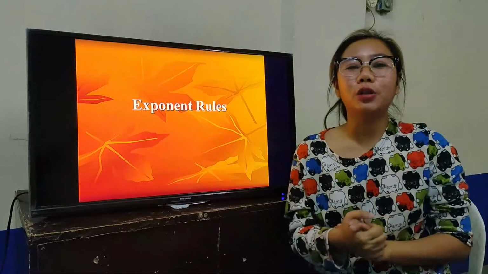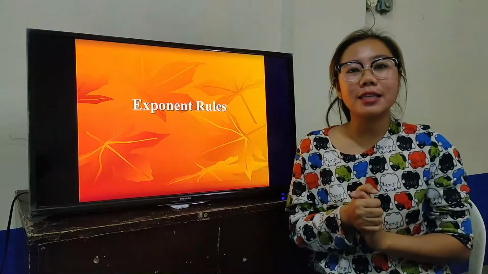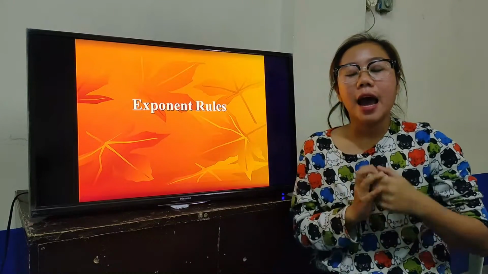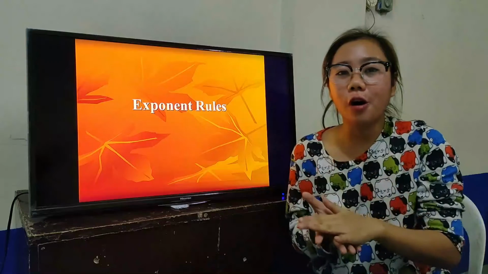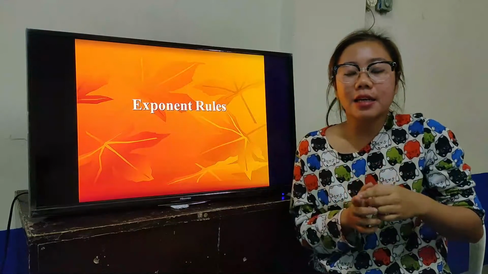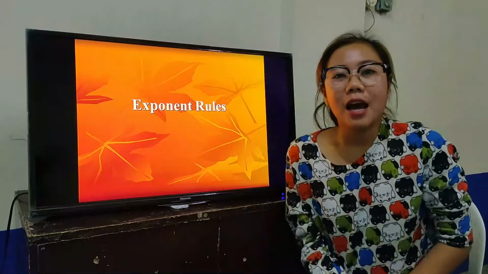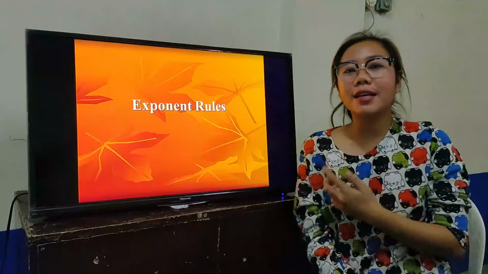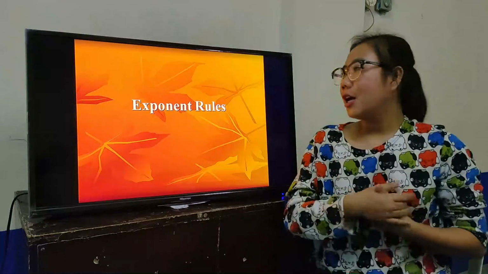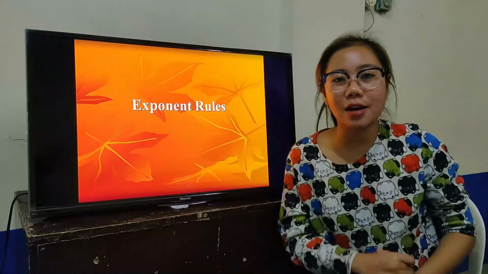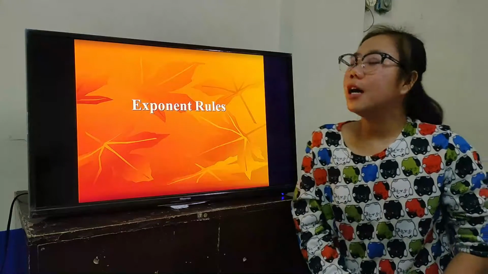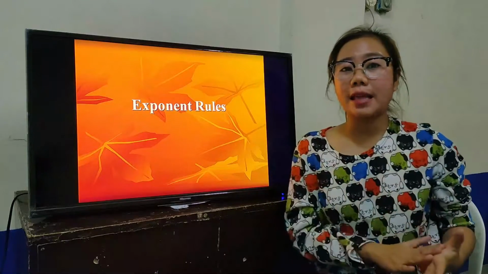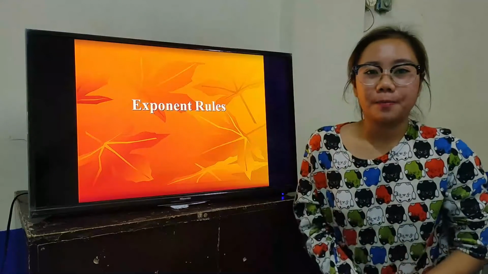Number 2, we have x raised to 4 times x raised to 2. You have 10 seconds to answer that. Again, if you have the same base, you are going to add their exponents.